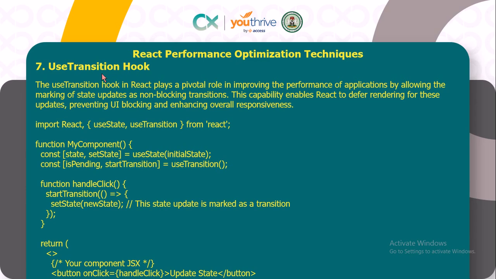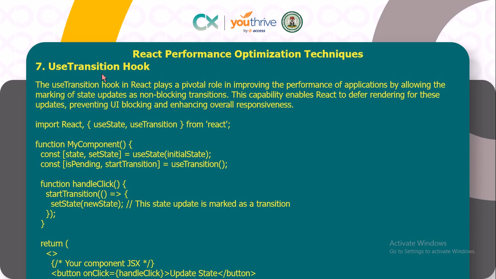I have a state and I want this one to use the transition, so that in case there is a delay, it will show the user.